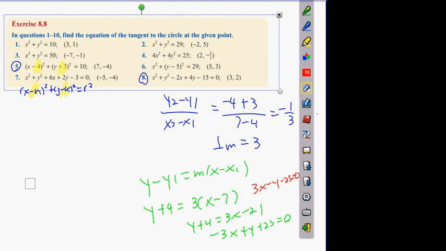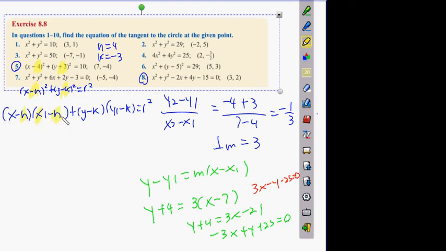you have the equation of a tangent, and it looks like this: x1 minus h times x minus h, plus y1 minus k times y minus k equals r squared. Here's what you do. The h value is 4, the k value is minus 3, and the x1, y1 value, so you're substituting in this one, this one, this one, this one.